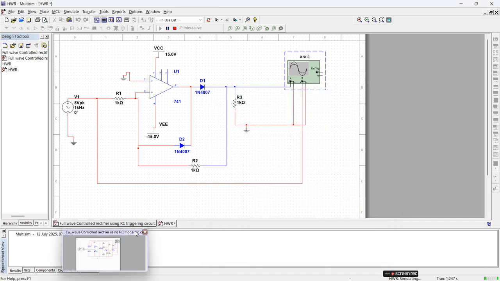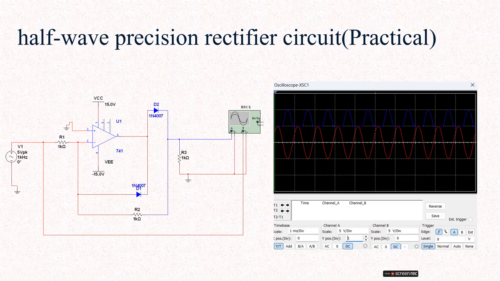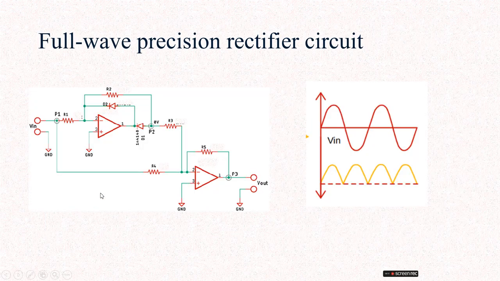Full wave precision rectifier. The first stage is the half-wave precision rectifier. Its output is connected to another inverting amplifier circuit, and from this we get the complete signal, with positive and negative half cycles without losing any voltage drop.